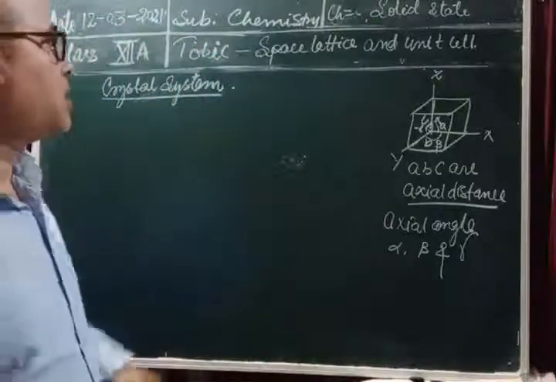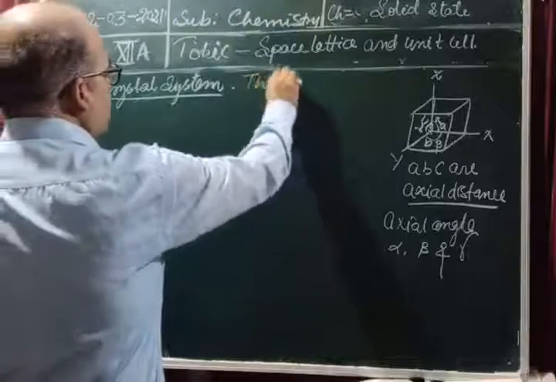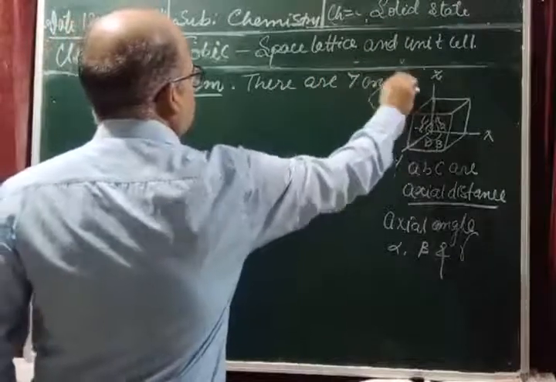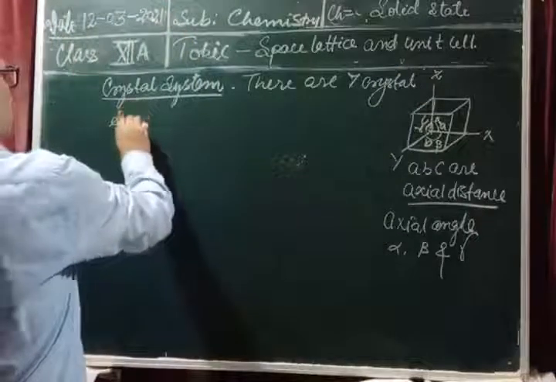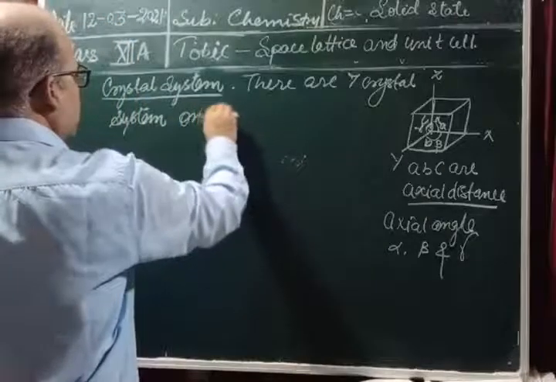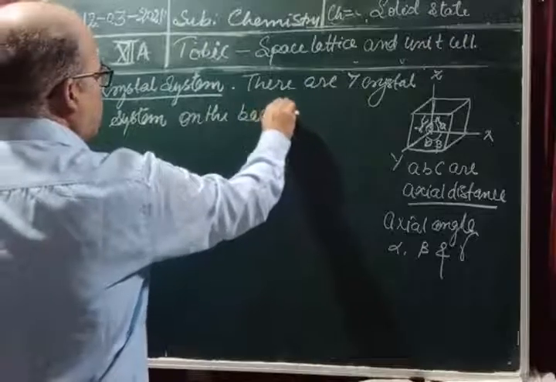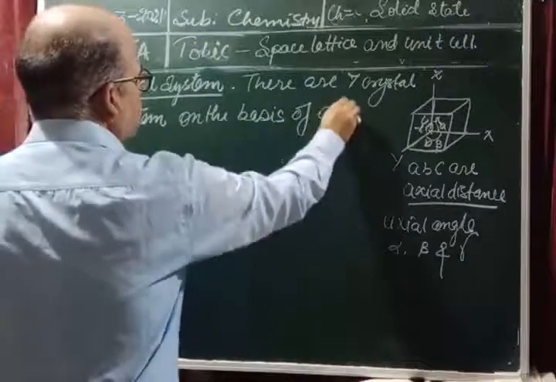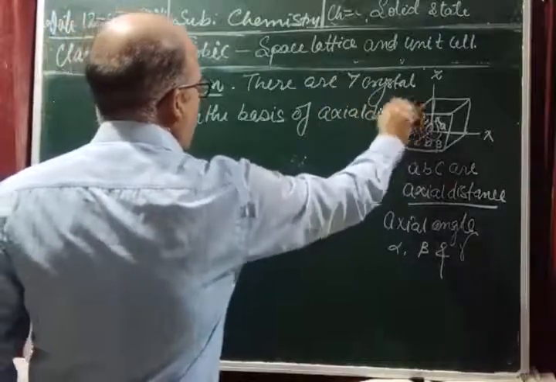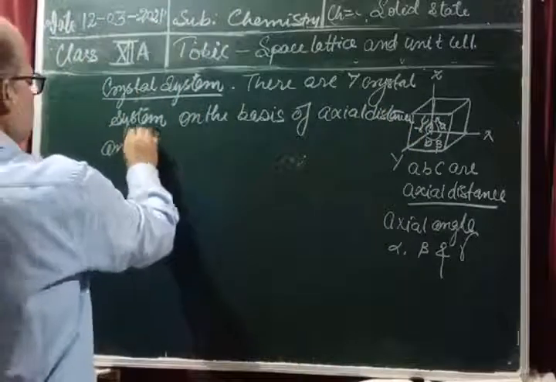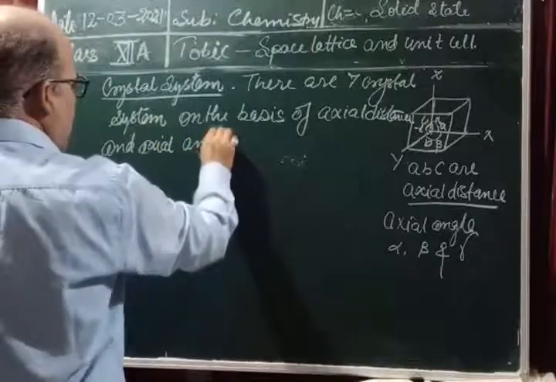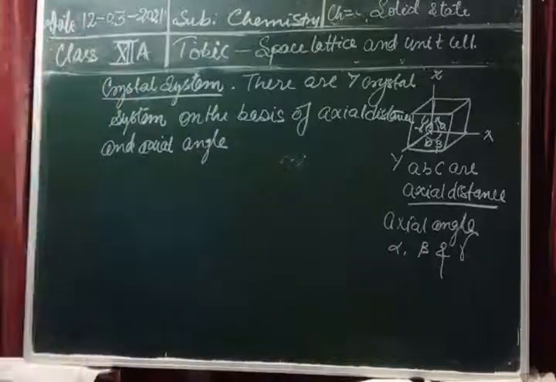Basically we will see here the 7 crystal systems. There are 7 crystal systems on the basis of axial distance and axial angle.